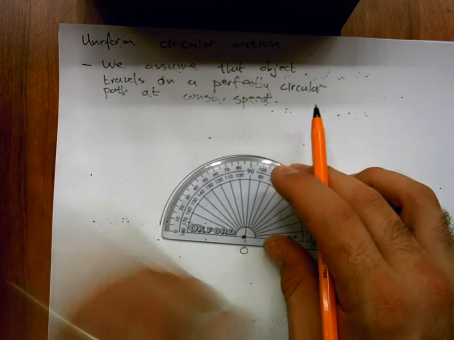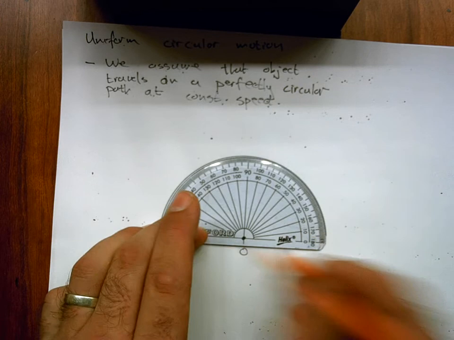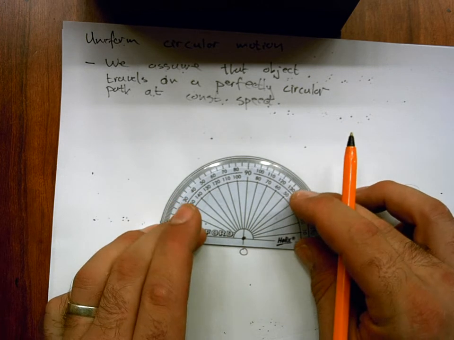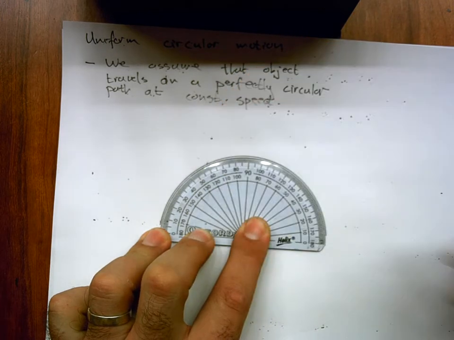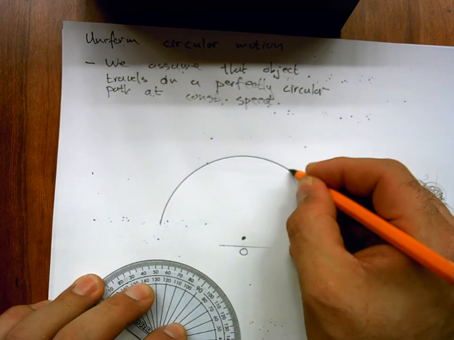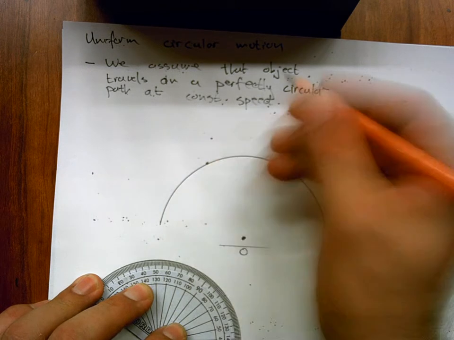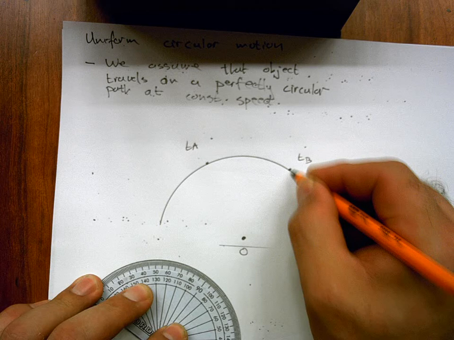So let's look at two specific points. So let's say we look at when the particle is over there and when the particle is over there. So at some initial time ta, the particle is there. At some later time, it's over there.